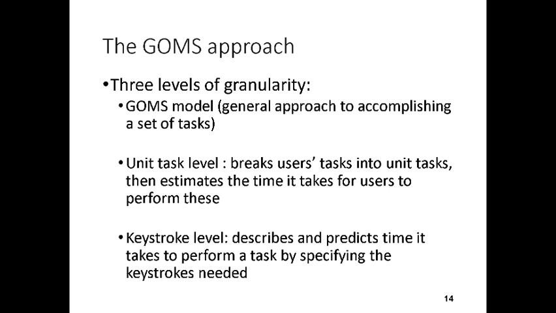So here you break users' tasks into what we call unit tasks, and then calculate estimates of the time it takes for users to perform those tasks. And finally, we can even break it down further. We can break things down to the keystroke level. Here we describe and predict the time it takes to perform a task by specifying the specific keystrokes needed. There's something particular about the GOMS approach. We'll get into that in a bit.